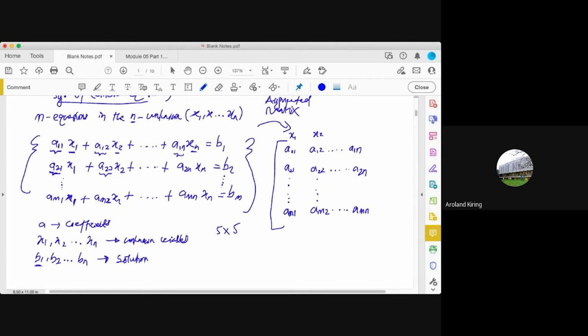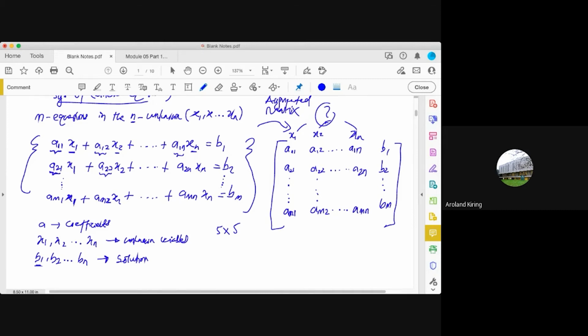Next, you can see the results B1, B2, and Bm; we combine these results inside our matrix as well. This matrix is what we call an augmented matrix. It helps us to find x1, x2, up to xn.